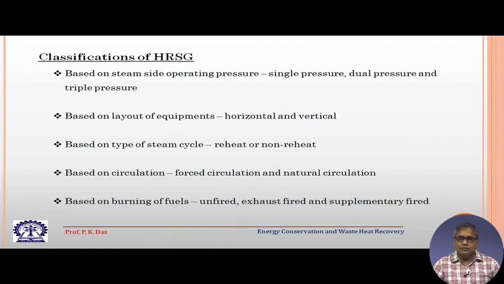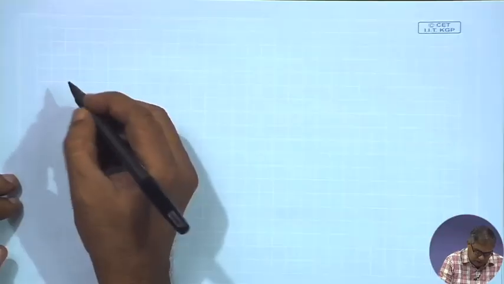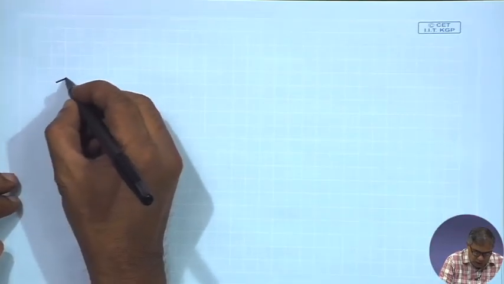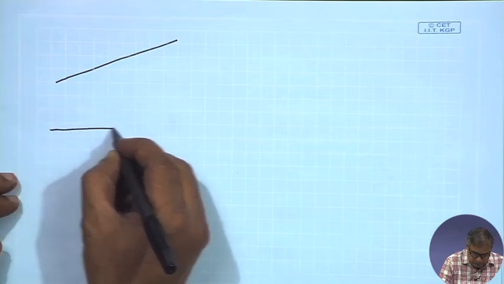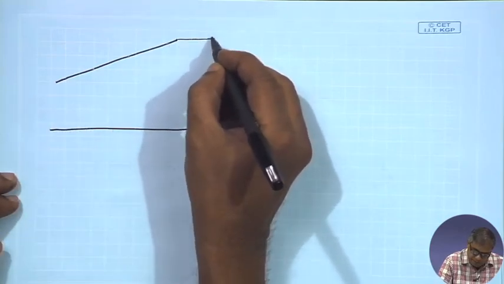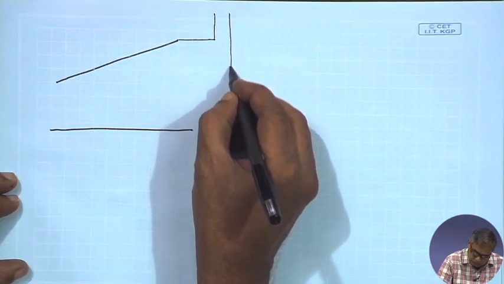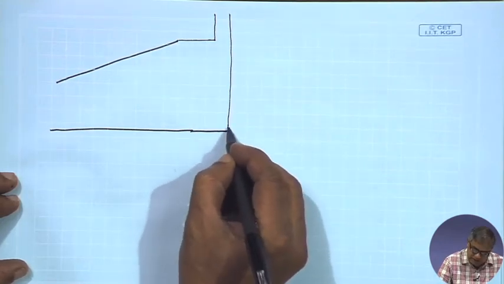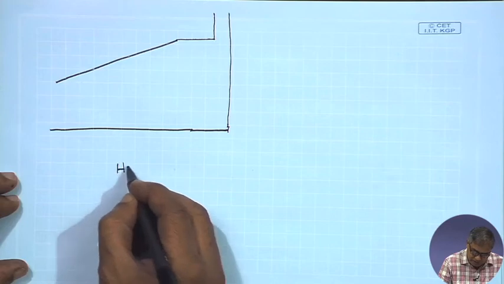The third one, which is another option and is exploited in many applications, is supplementary fired. Let me explain a little bit what supplementary fired is and what its pros and cons are. So, a horizontal layout of an HRSG looks like this.